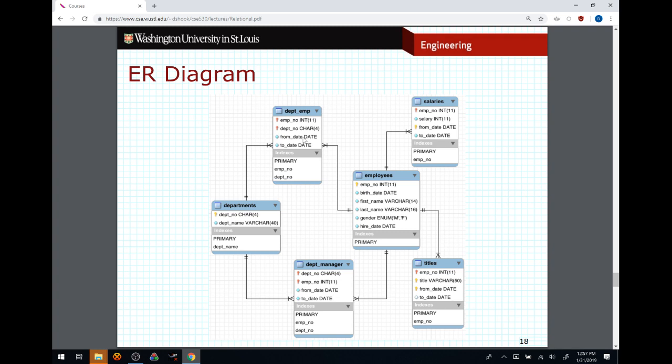So it's employee number again. So I would specify that. Department manager dot employee number. So I think we're good on the joins for now. I've got all three tables joined together.